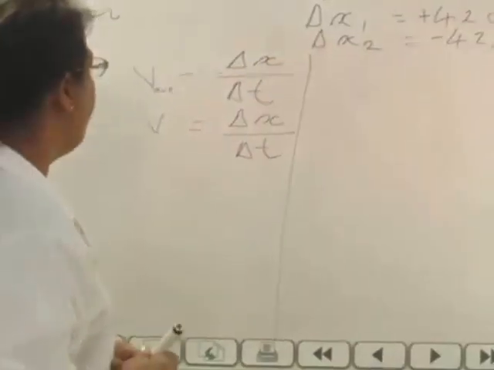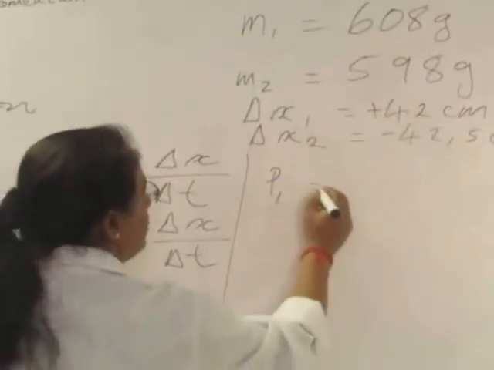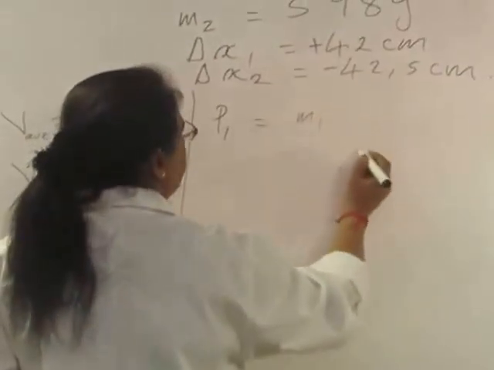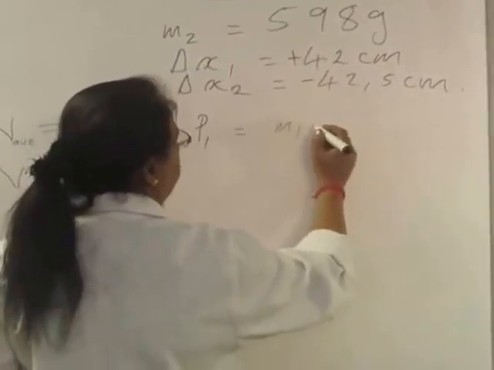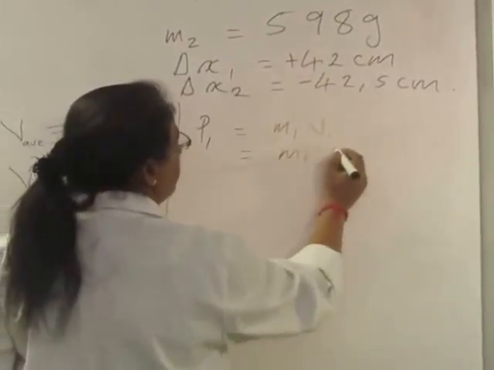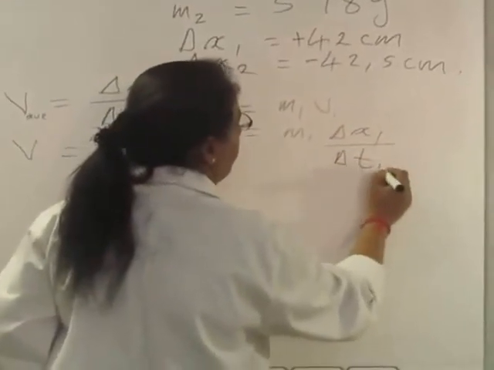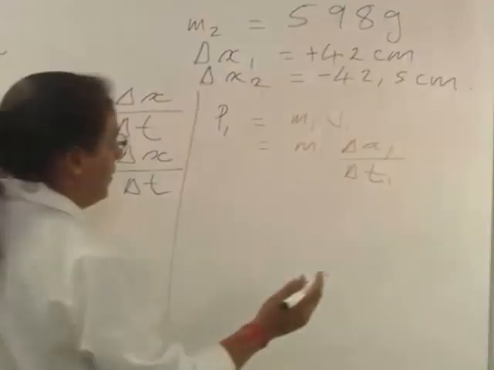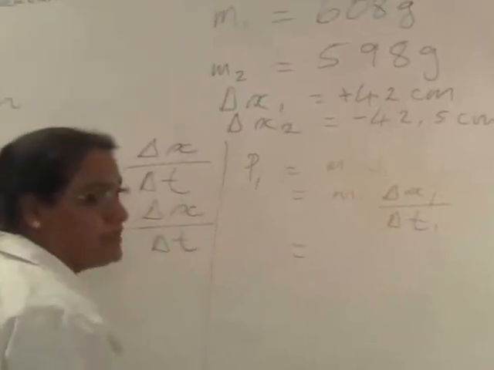We can now measure or calculate the momentum of trolley number 1. It's going to be the mass of trolley number 1 times the velocity of trolley number 1, which is, remember we said we will take delta t to be a unit of 1 second. So we need to convert the mass.